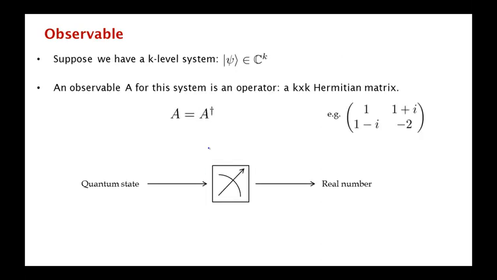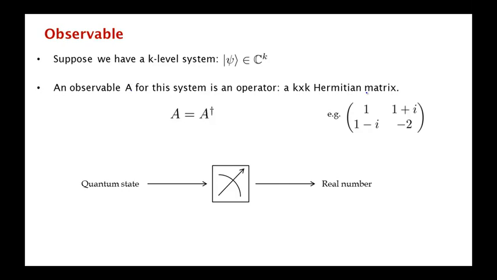Okay, so more precisely, suppose that we are working with a k-level system, so that our quantum state is a unit vector in a k-dimensional complex vector space, a Hilbert space. Then the observable for the system is an operator A, which is a k by k Hermitian matrix.